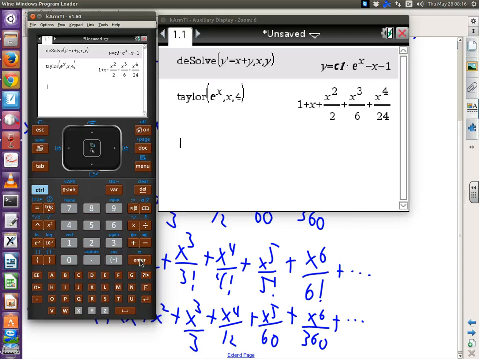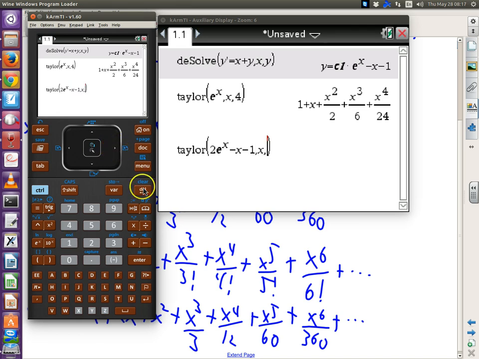Now let's put in the answer that we got. Wasn't it 2e to the x minus x minus 1? Let's see if it matches our series. I'm going to just take this, enter. And let's make it 2 times e to the x, minus x minus 1. Does it match our series after all? How about we throw in 6 terms?